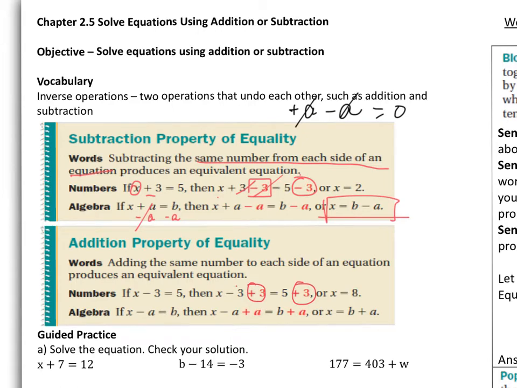Then after simplifying both sides of the equation, we would get x equal to 8. So 5 plus 3. And algebraically, we would add the opposite of negative a to both sides. So negative a and positive a undo each other, and x would equal b plus a.